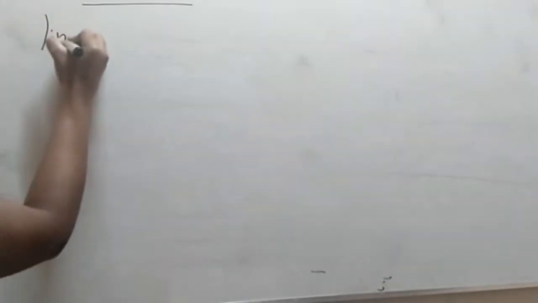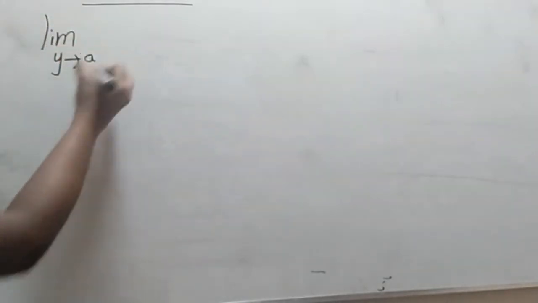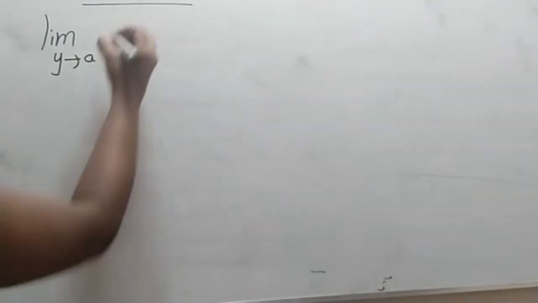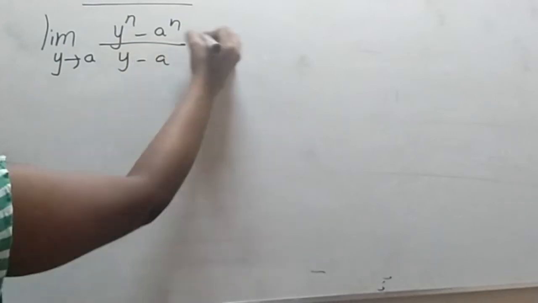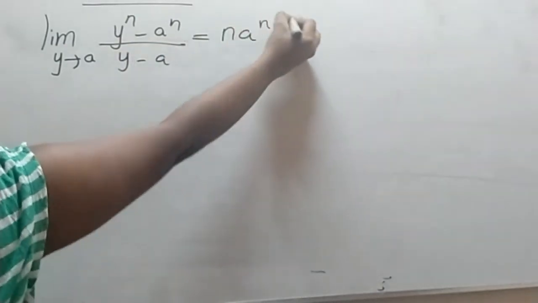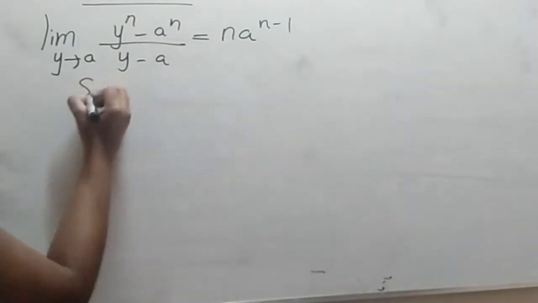That is this one. What they told is limit of y tends to a, y to the power n minus a to the power n over y minus a. This is equal to what? n into a to the power n minus 1. So using this theorem, they are asking to show this. What you should show?